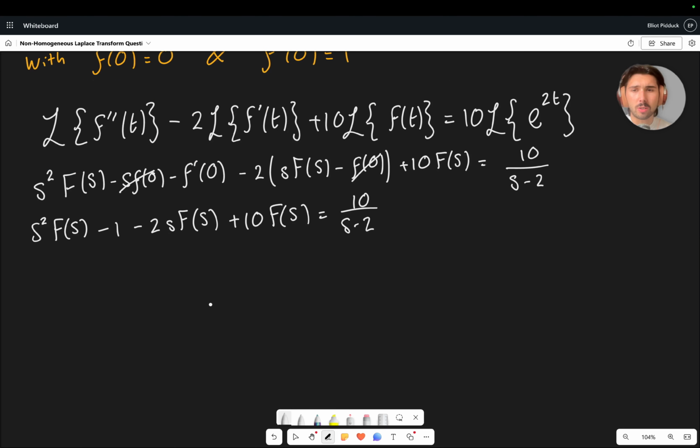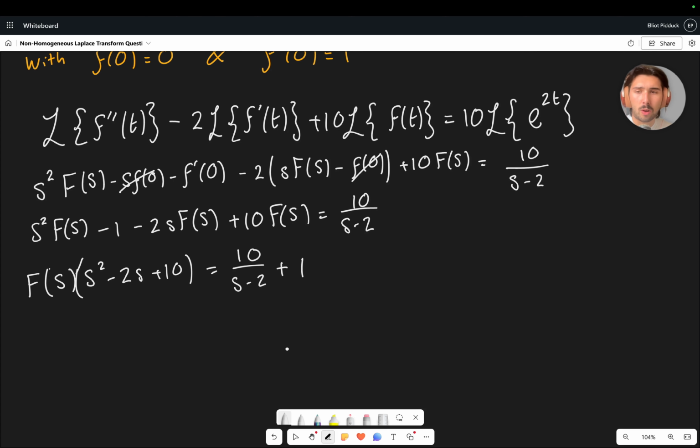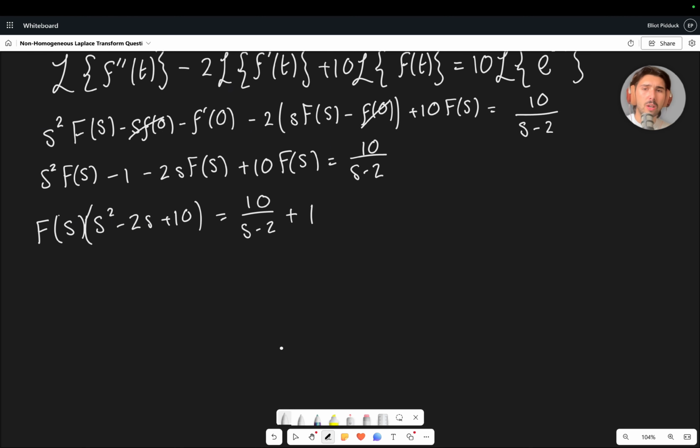Then what we want to do is factor out the F of s and get everything else on the other side. So I'm going to go F of s, big bracket, s squared minus 2s plus 10, equals 10 over s minus 2. And of course, there's this minus 1 term that was on the left. Let's add 1 to both sides so we can have the plus 1 there. Now let's divide both sides by s squared minus 2s plus 10.